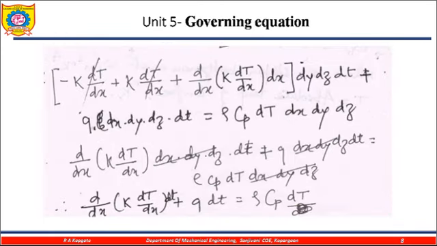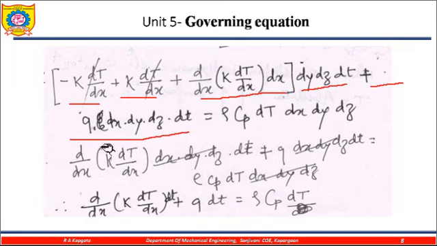So here we observe minus k dt by dx plus k dt by dx plus d by dx of k dt by dx into dy dz dt, plus the heat generated, that is q into dx into dy into dz into dt, and the change in internal energy, that is rho into cp into dt into dx dy dz. This rho, that is the density, multiplied by volume, is the change in internal energy.